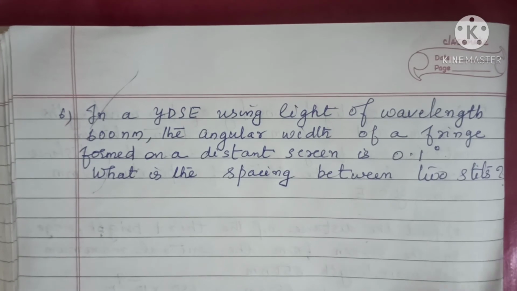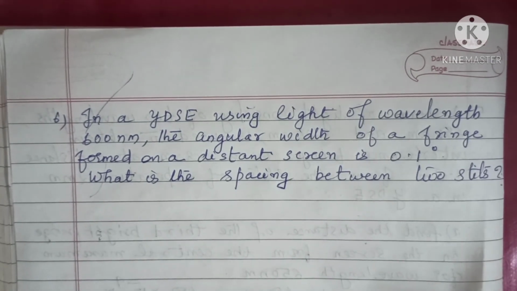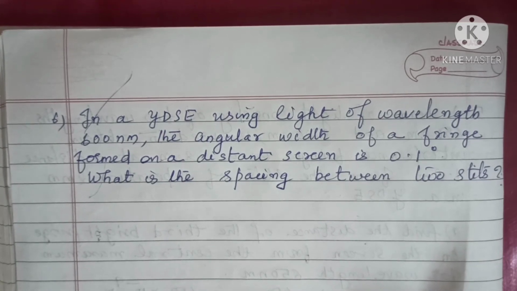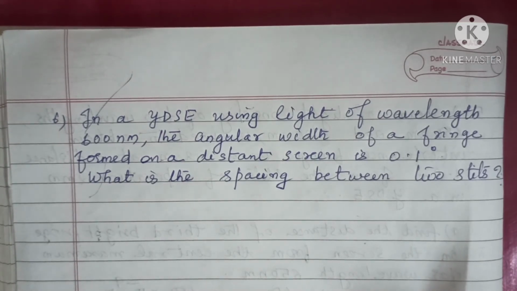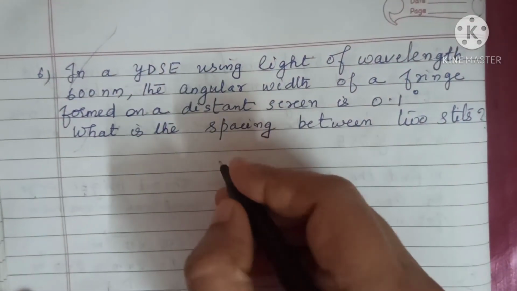Listen to the question. In a YDSE using light of wavelength 600 nanometers, the angular width of a fringe formed on a distant screen is 0.1 degree. What is the spacing between two slits? So in Young's double slit experiment, you are using light of wavelength 600 nanometers.